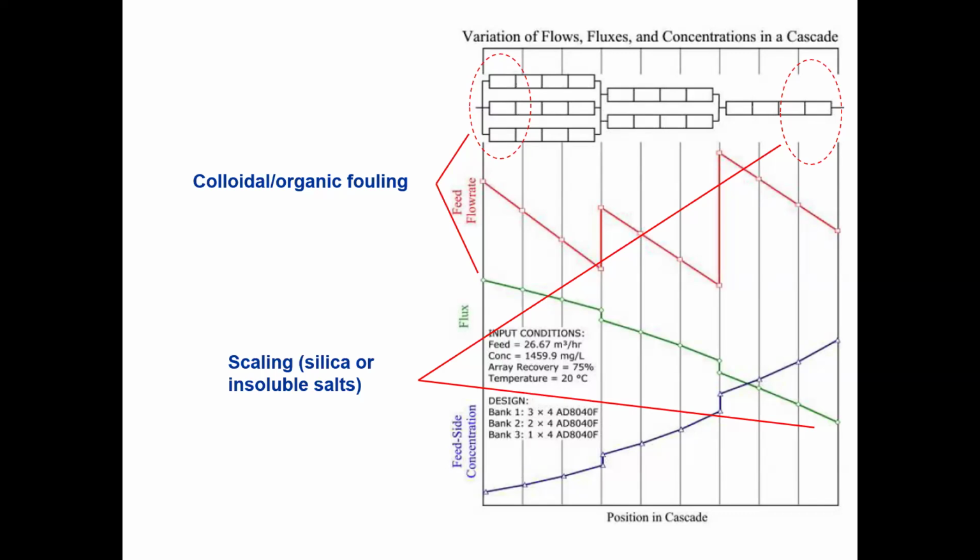So they combine together and start to precipitate because of the high concentration. You produce more water and concentrate the rest. Inorganic fouling from silica, calcium and magnesium will occur at the end of your element because of the high concentration. Does that make sense?